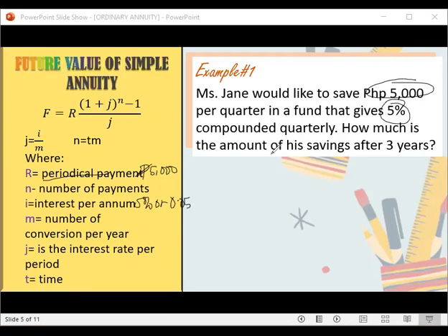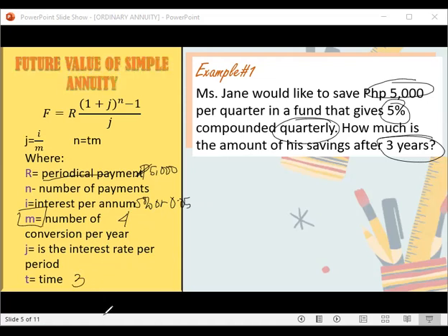Next one, sabi dito, compounded quarterly. So, dito mo malalaman kung ano yung M mo. So, dahil compounded quarterly siya, ibig sabihin 4 times a year. So, your M is 4. Next is time. So, sabi dito, ayan, 3 years.